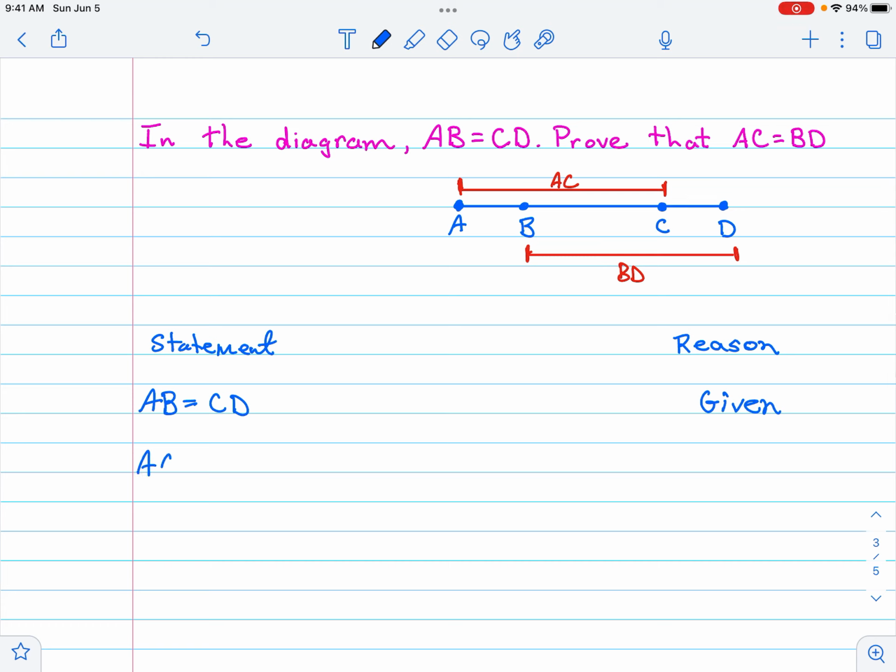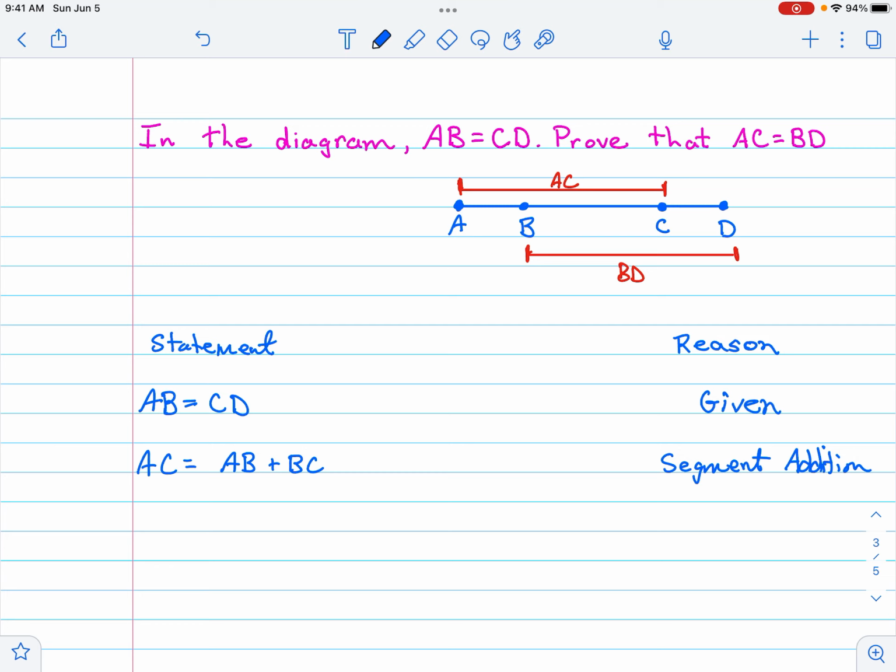I know that AC is equal to AB plus BC. That's just the segment addition postulate. I'll just write segment addition.